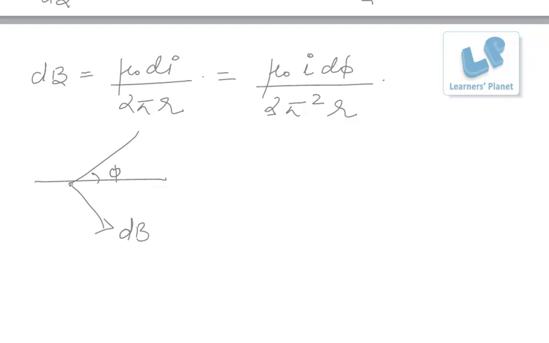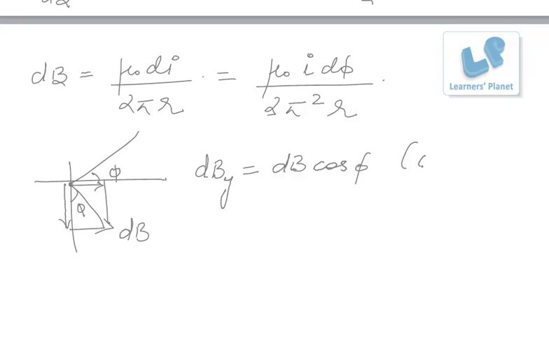So if this is phi, then this angle is also phi, and if we calculate the components of dB here and here, dB in y direction will be given by dB cos phi, which is going to cancel out, and dBx is given by dB sin phi, which we need to integrate.